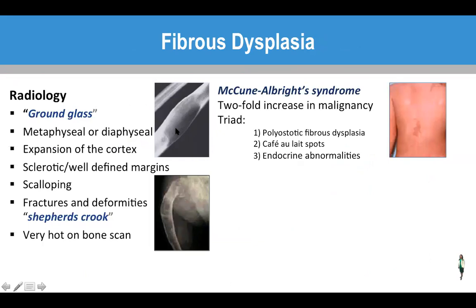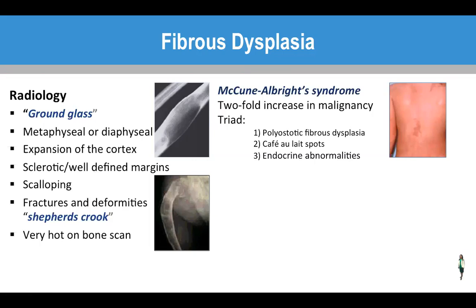It usually occurs in metaphyseal or diaphyseal locations, and because this is a benign lesion, it only expands the cortex. It has sclerotic, well-defined margins. They could scallop into the cortex without breaking it. But when the bone keeps getting weakened, the bone will become deformed like this shepherd's crook.